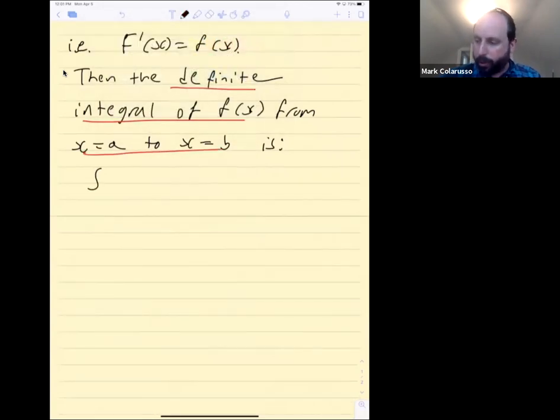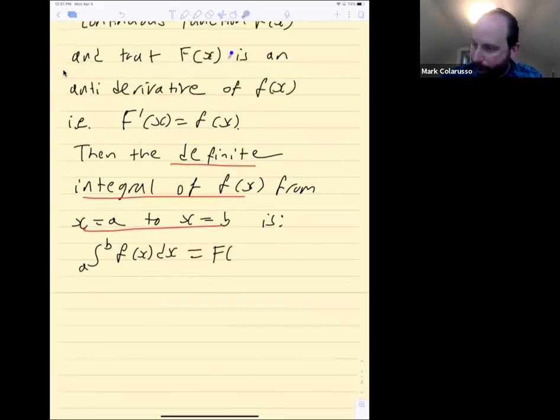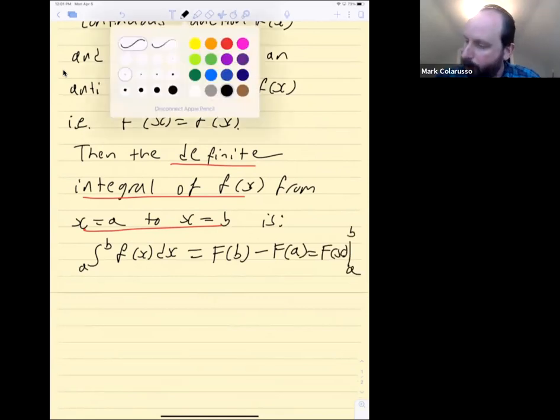It's written with the integral sign, but you put a little a on the bottom and a little b on top. f of x dx is the value of the antiderivative capital F at b minus the value of the antiderivative capital F at a, and this is sometimes abbreviated as F of x evaluated from a to b. Okay, so there's a lot in this formula. A really important formula.